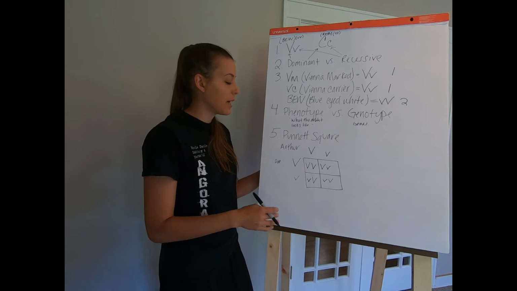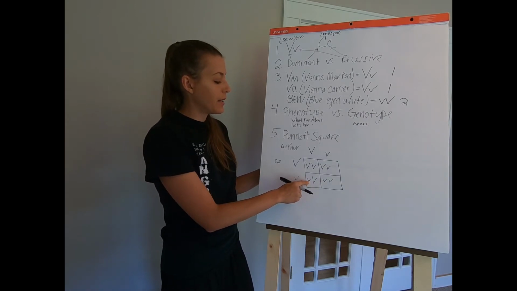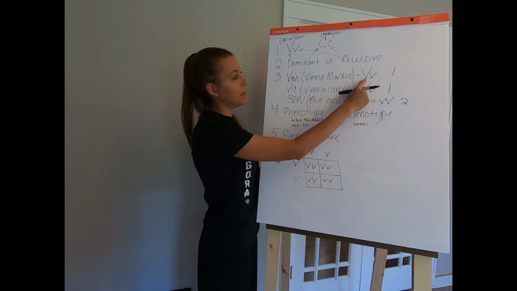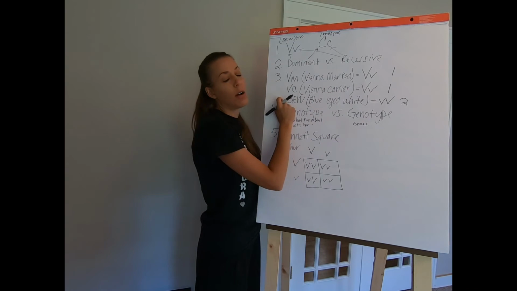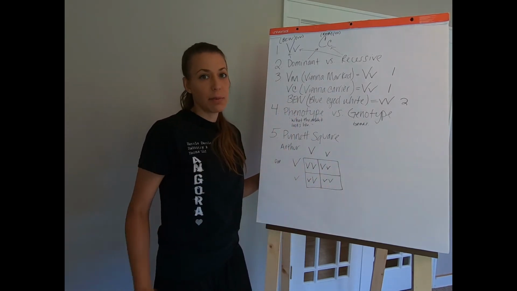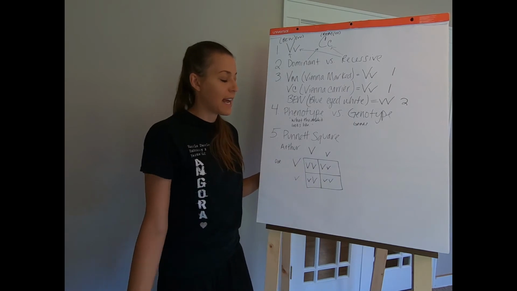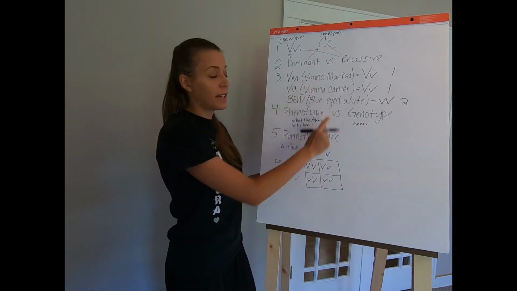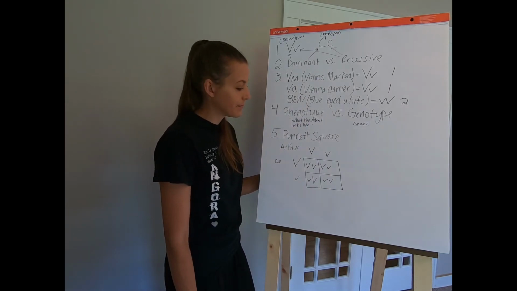You can write it either way. When you have an uppercase V and a lowercase v, remember you have a possibility of either Vienna marked or Vienna carrier. This is a 50%, because there's 2 of the 4 boxes, that's half. A 50% chance of getting Vienna marked and Vienna carrier rabbits.